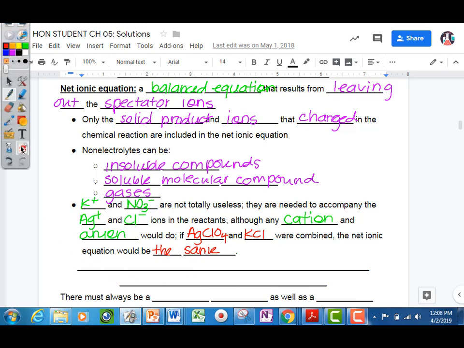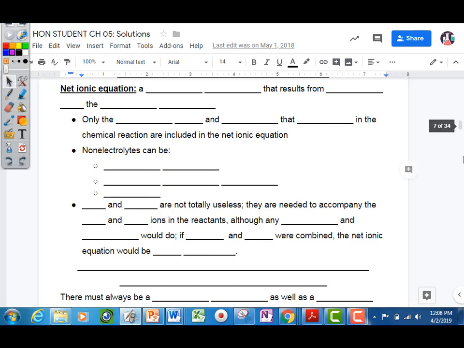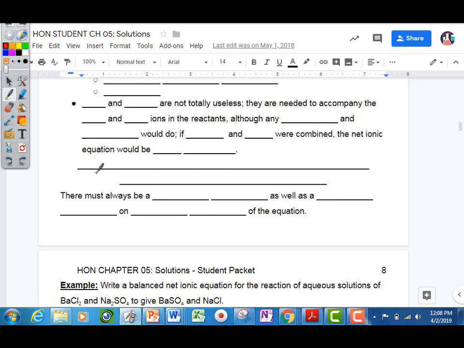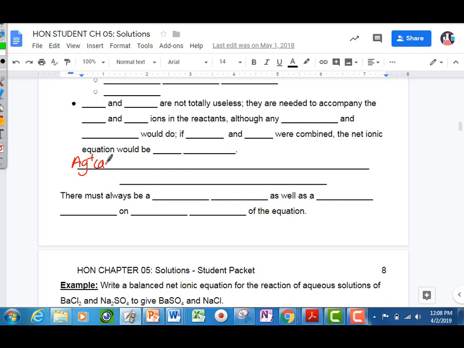So I'm going to erase and scroll down and write down what's going on here. In the reaction that I just suggested, I would have Ag+ (aq) plus ClO4- (aq), so I substituted that for the nitrate, plus K+ (aq) plus Cl- (aq).